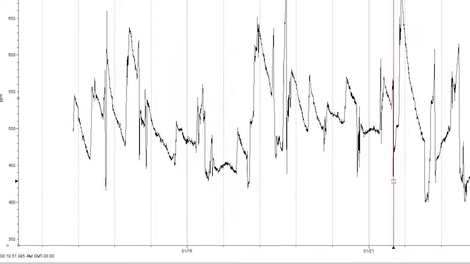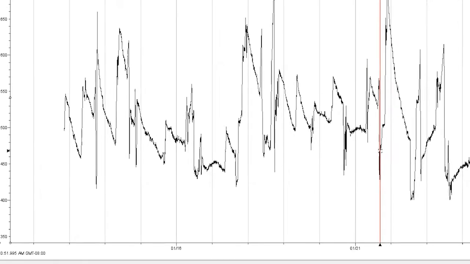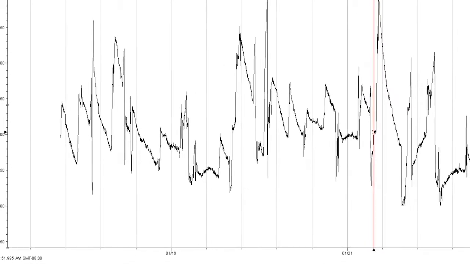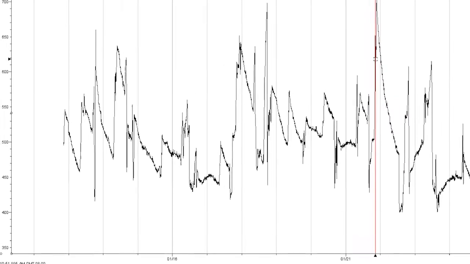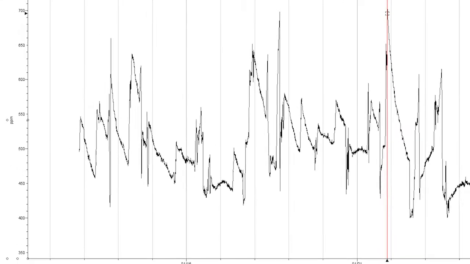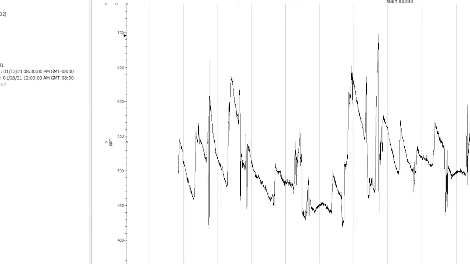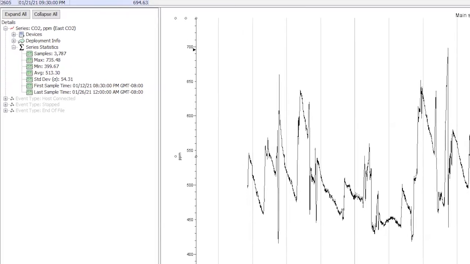And then we are slowly rising. As we scroll over, we can see that the CO2 levels are increasing till we peak at around 700 parts per million. Then we have another decline of CO2 levels.